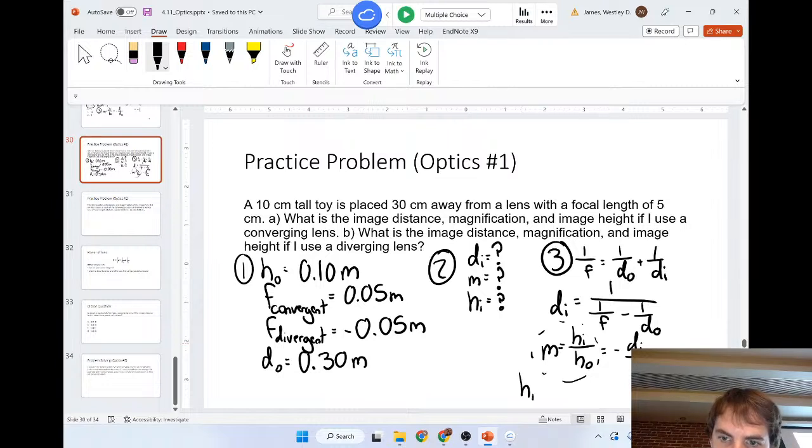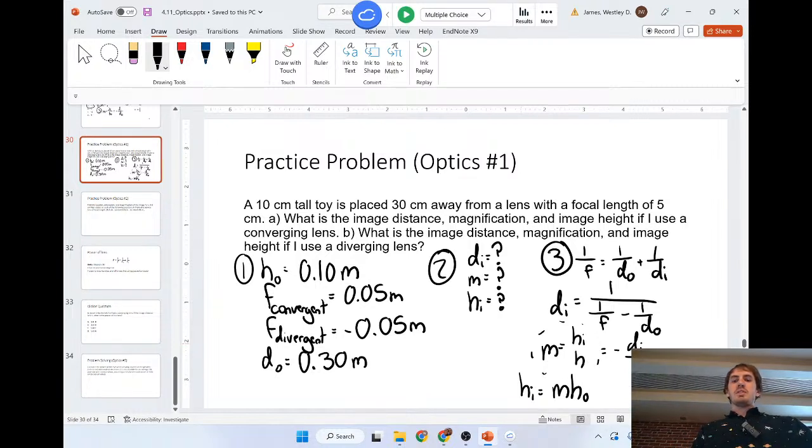The height of the image will just equal magnification times ho. Just a quick multiply of ho over there. Great, hi equals that. So we're going to find magnification and then use that. Basically each step leads into the next step. We're going to get image distance. That's going to let us find magnification. That's then going to let us find the height of the image.